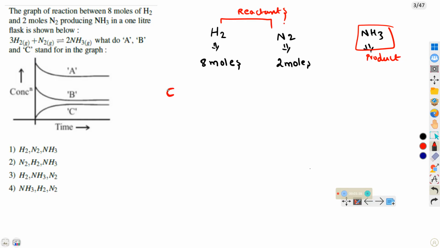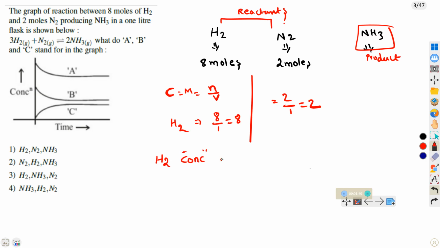Concentration: calculate molarity, number of moles by volume in terms of liters. 8 by 1, 8. This is for H2. For N2, 2 by 1 is equal to 2. So the concentration of H2 is more compared with N2.